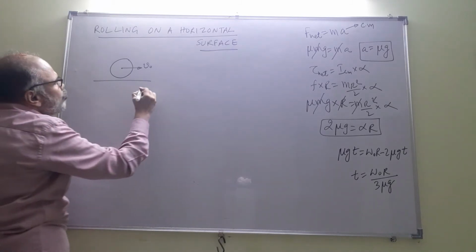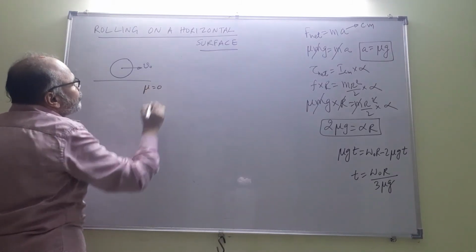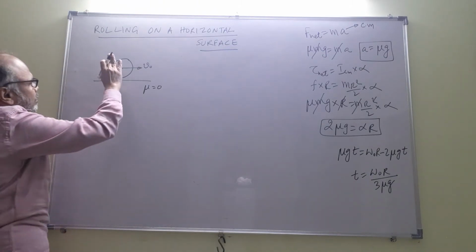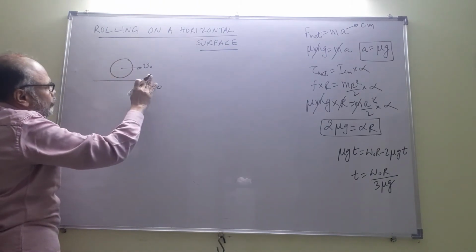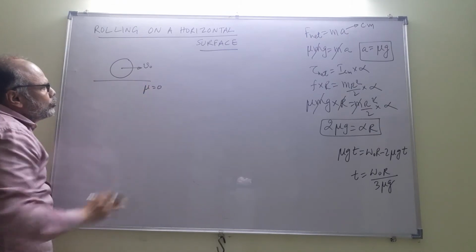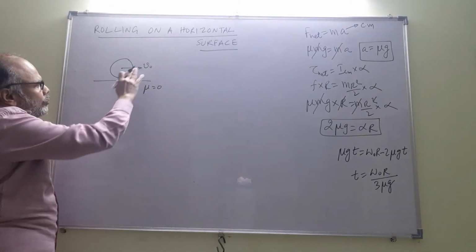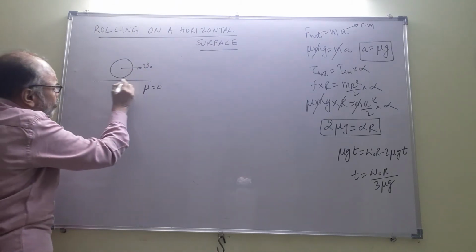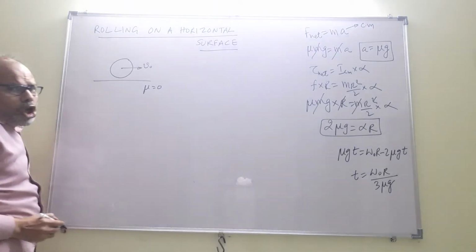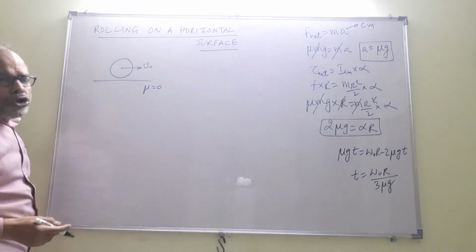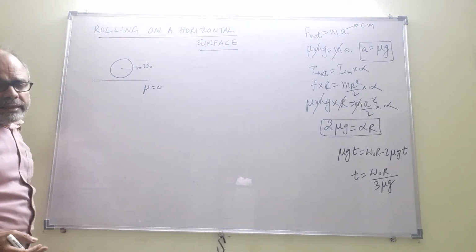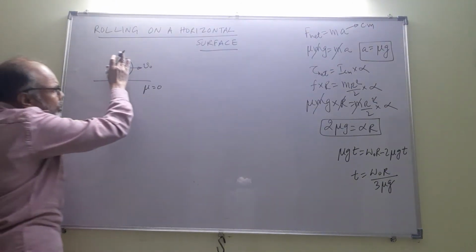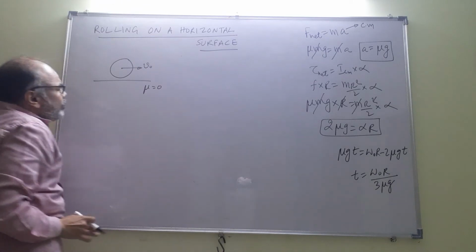Let us again assume that mu is 0. Then there will be no frictional force, so there is no horizontal force, and so v0 will remain as it is. Since there is no frictional force, there is no torque, so no angular acceleration and hence the body will not rotate. It will continue forever with the same speed v0.